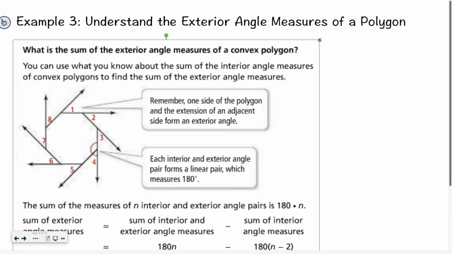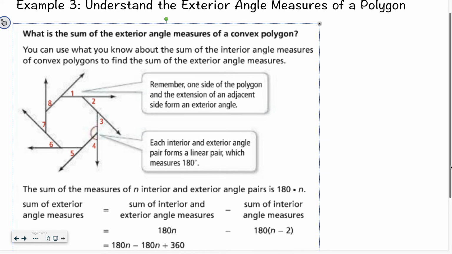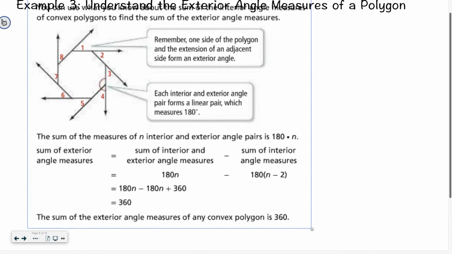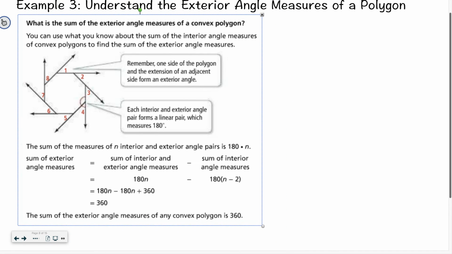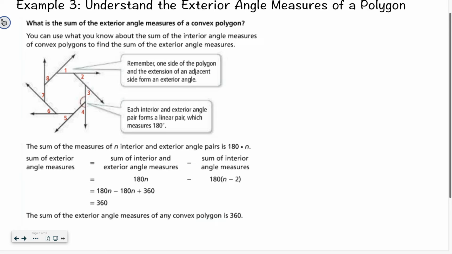All right, so now we've talked a lot about the interior angles, but what do we know about exterior angles? So if I want to know what the sum of the exterior angle measures of a convex polygon are, let's look at this picture here. These would be exterior, right? They're on the outside of the figure.